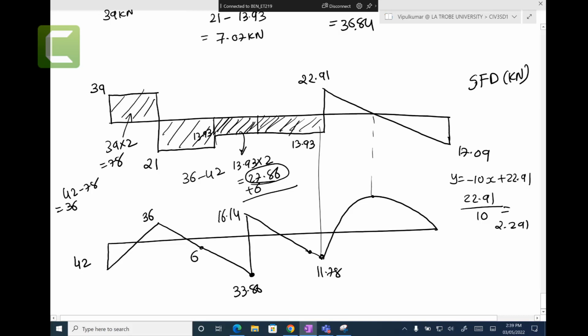And then you take away 4. 4 take away 2.291 is 1.709. So this value would be 1/2 times 1.707 times by 17.09, to 14.62 kilonewton meters.